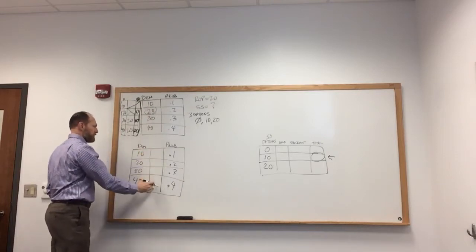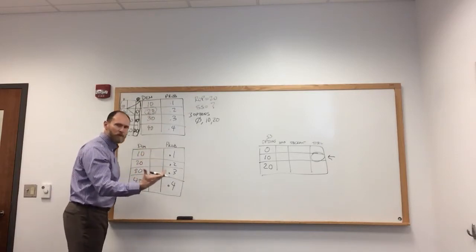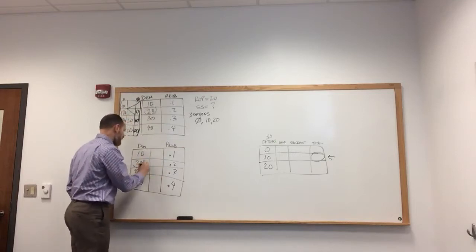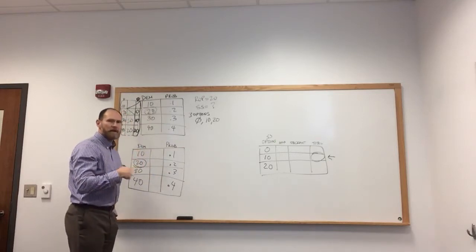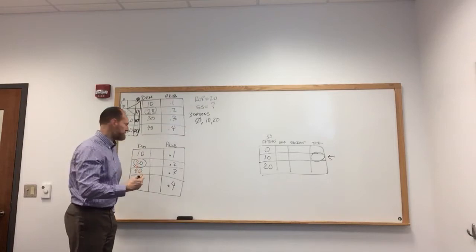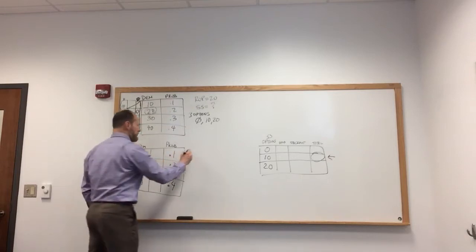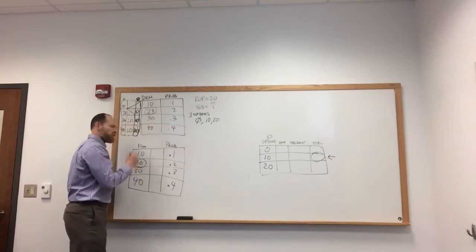Now, to create the shortages, the first thing, again, we're going to fix the ROP. We're always going to fix the ROP. And I like to fix it with a circle. And then we are going to fix the total amount.